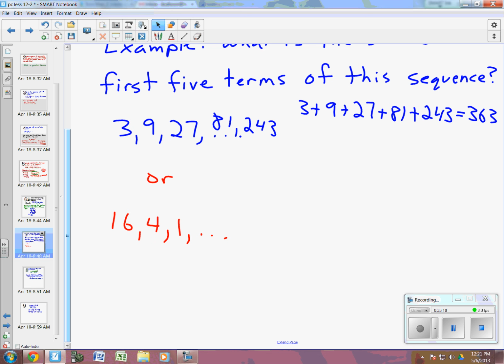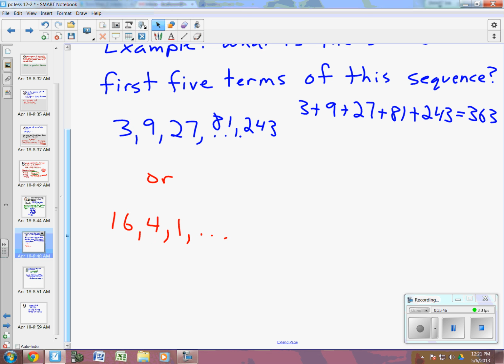The answer is a mixed number. Write the answer as a mixed number. What is it? 5 terms. Find the sum of the first 5 terms of the sequence.